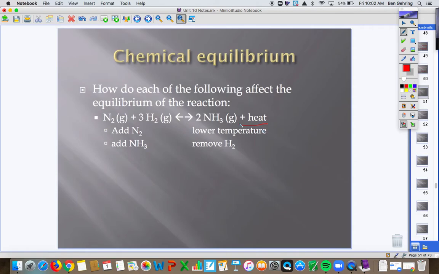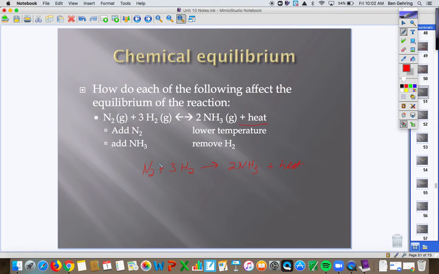So I'm producing ammonia and giving off heat. Now I'm going to draw my reaction down here. You can treat each one of these like its own separate component, so heat can be just like a substance.